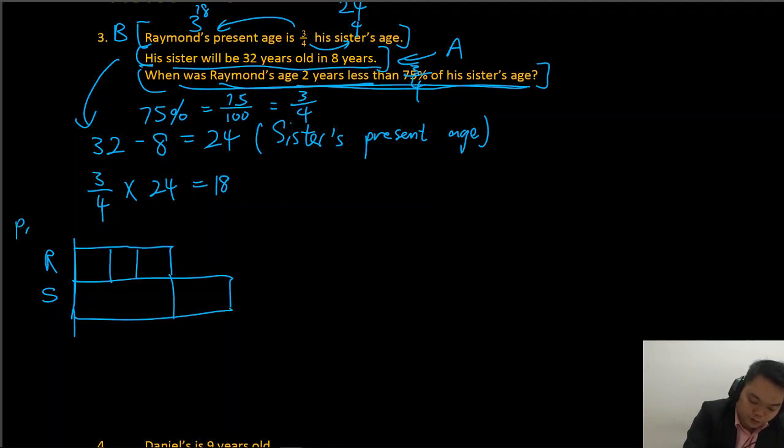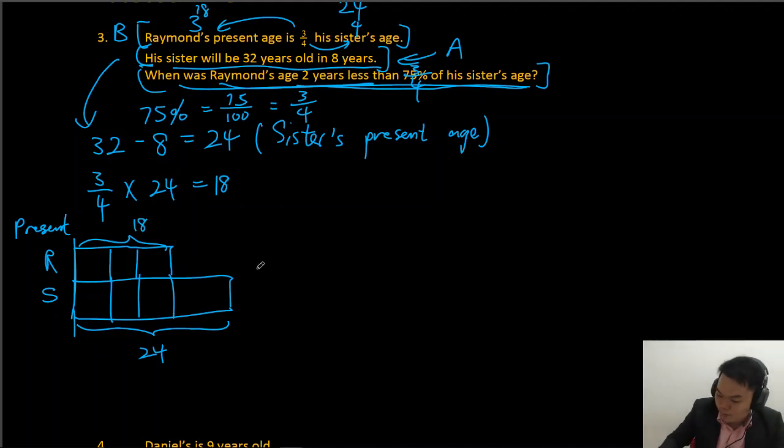So this is the present. The sister is 24 years old and Raymond will be 18. So this is Raymond's present age.